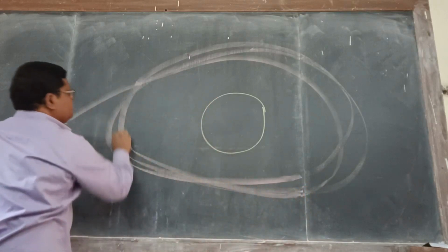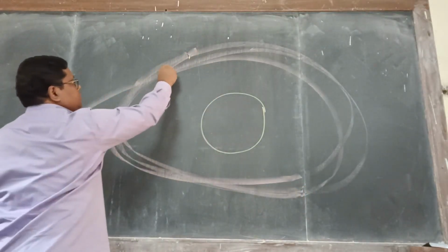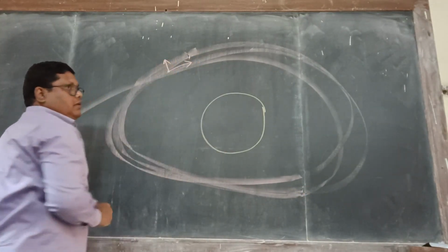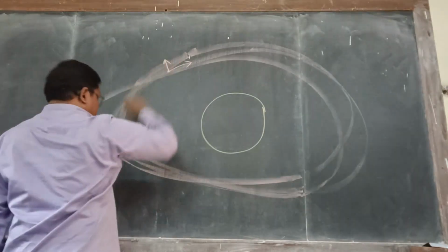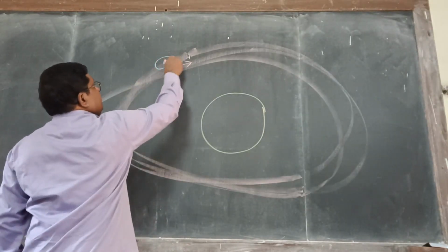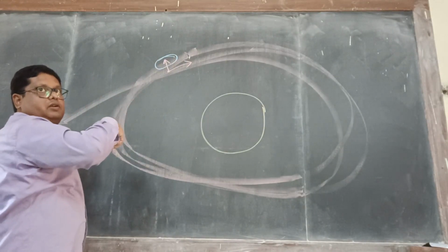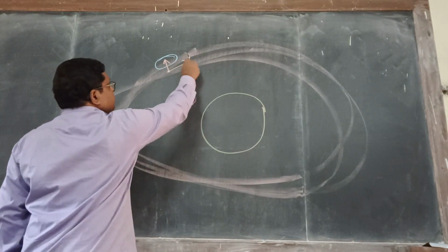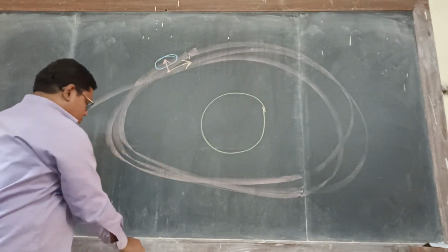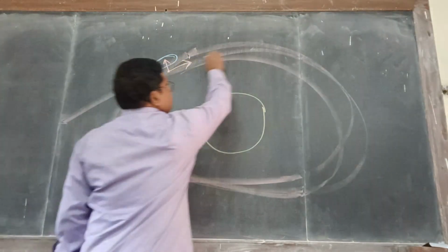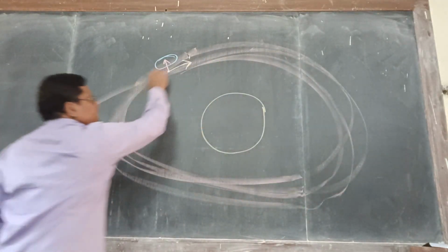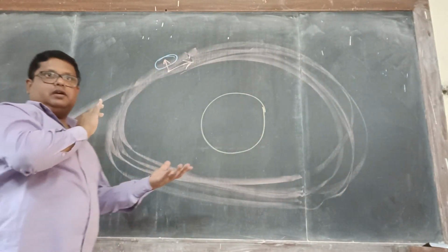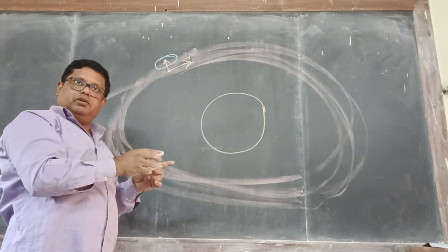Now because of these collisions, what I told you is that the velocity will have two components, one this side, another up. This part of the velocity will slowly get equilibrated, and only this part will remain. This one will remain, and this will equilibrate. So after a long period of time, you will see that they have now condensed into one particular circular orbit.